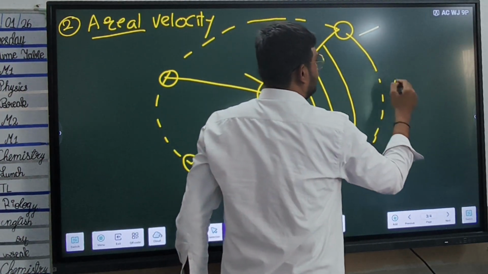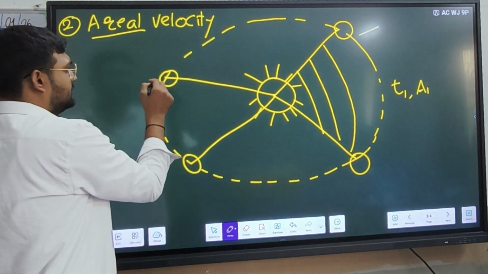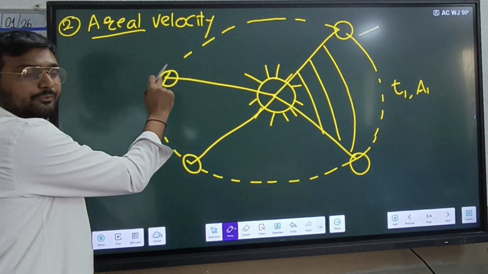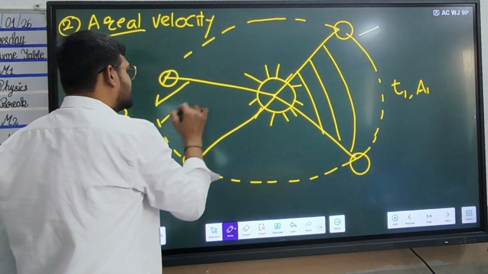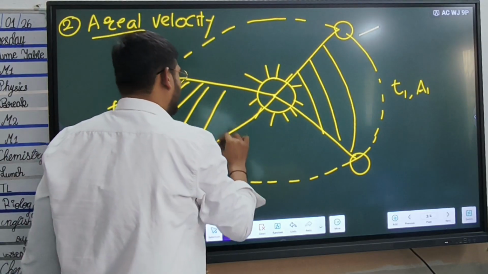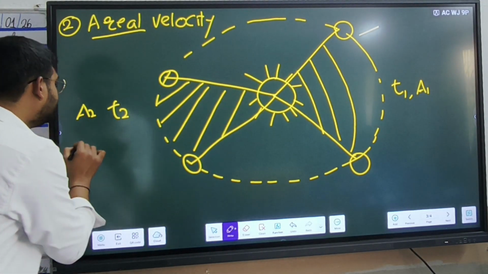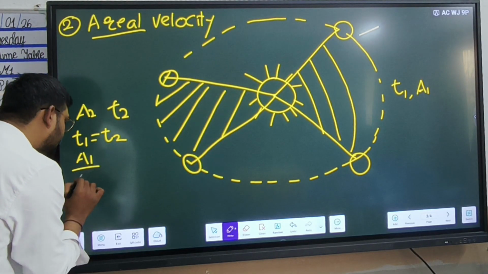Suppose this area is A1. At a different instant, the planet moved from here to here in time t2, and the area swept by the radius vector during this journey is A2. Then if t1 equals t2, A1 will be equal to A2.